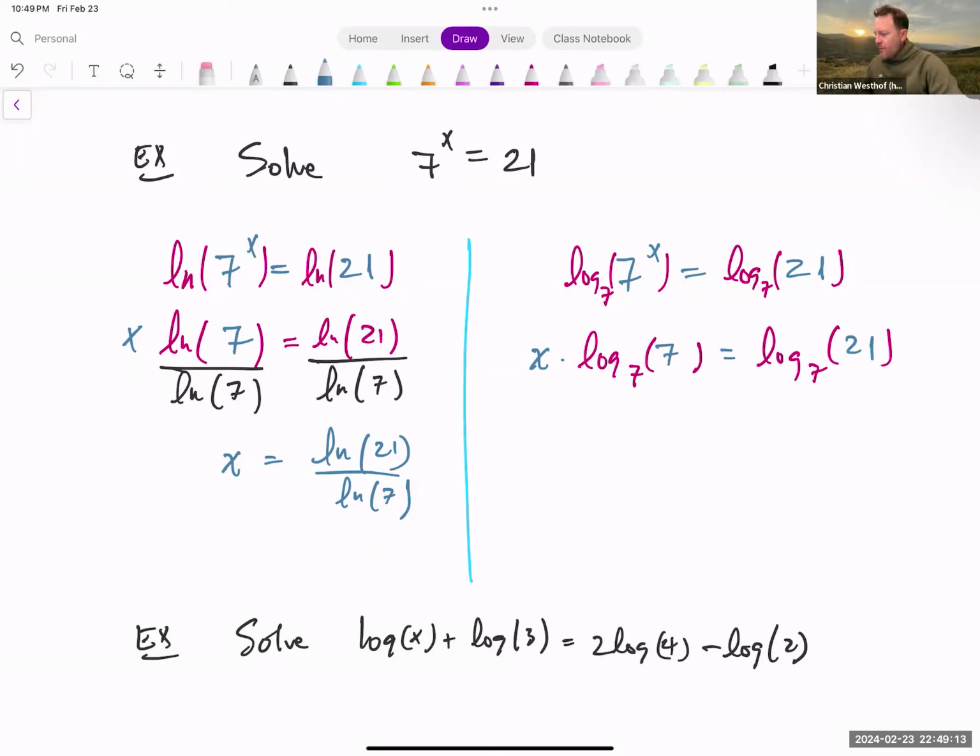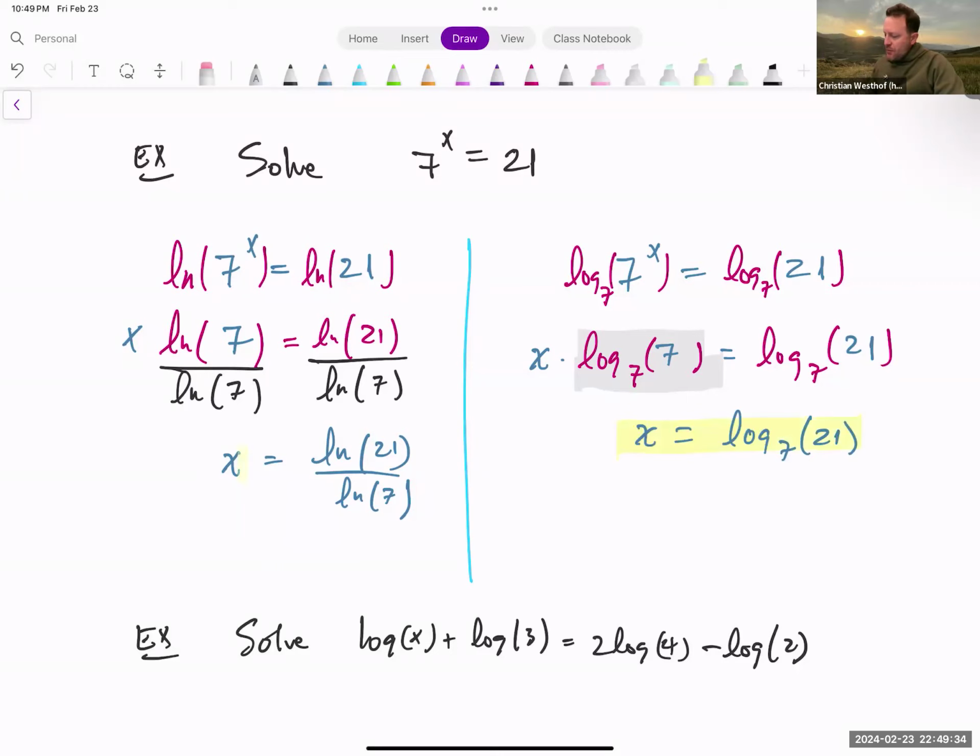Now, let's look. What is log base 7 of 7? That's asking, what is the power you raise 7 to get 7? And it's 1. So all of that reduces to 1. We're just left with x on the left-hand side, and log base 7 of 21 is our answer.